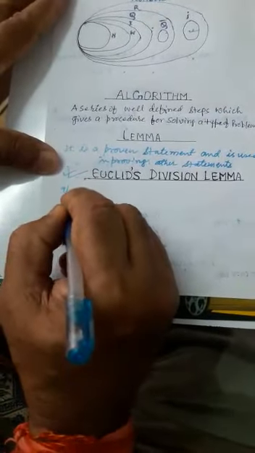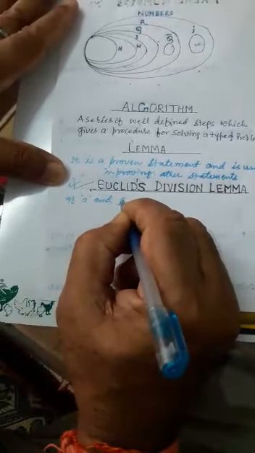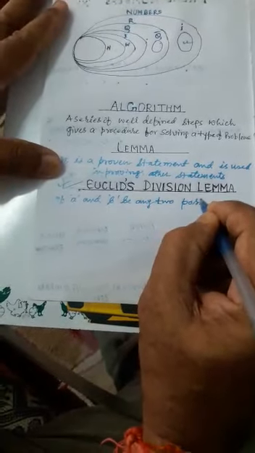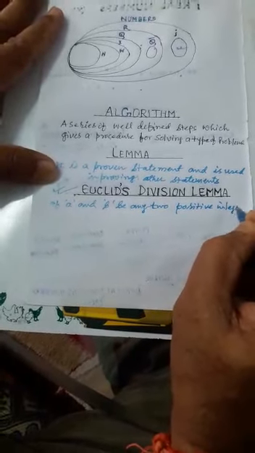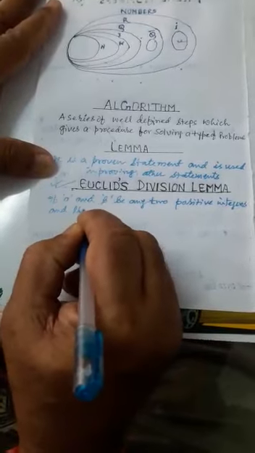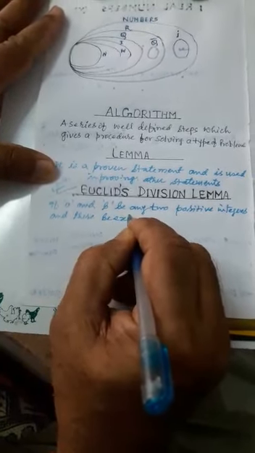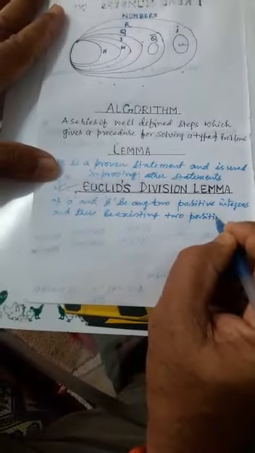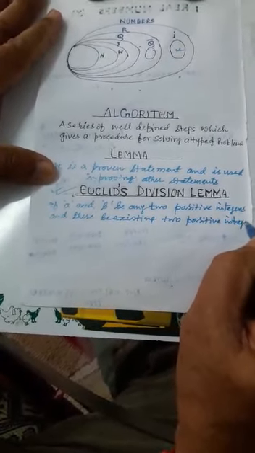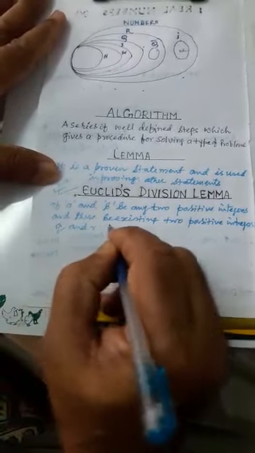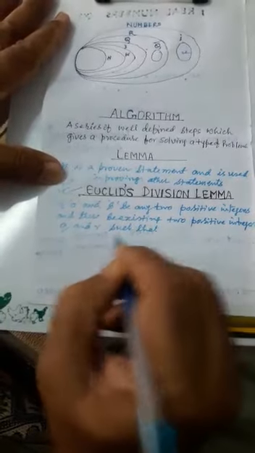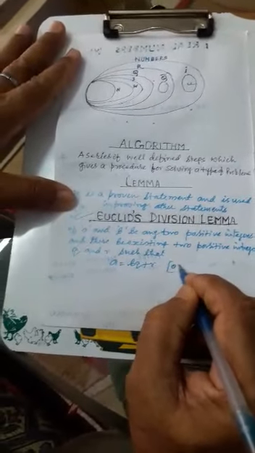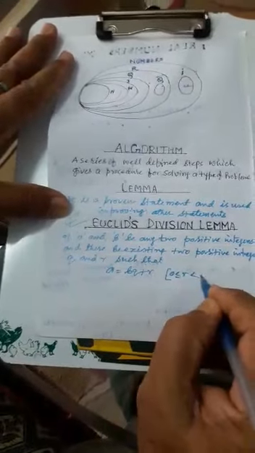It states that if a and b are any two positive integers, then there exist two positive integers q and r such that a equals bq plus r, where either r is equal to 0 or greater than 0 but less than b.